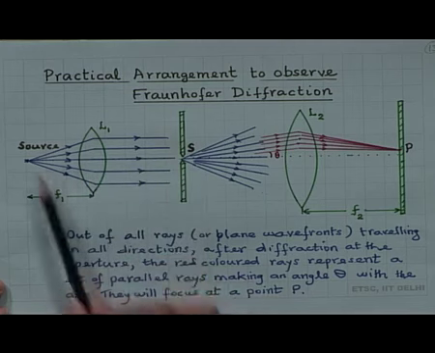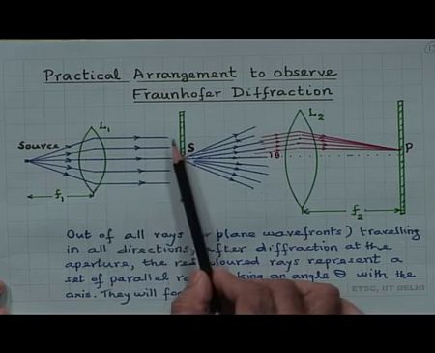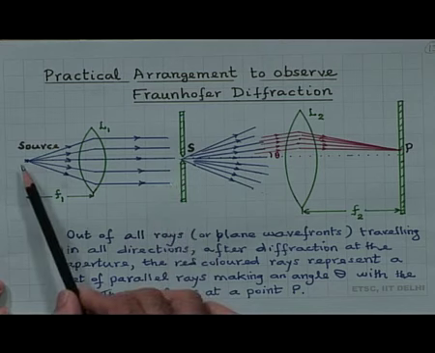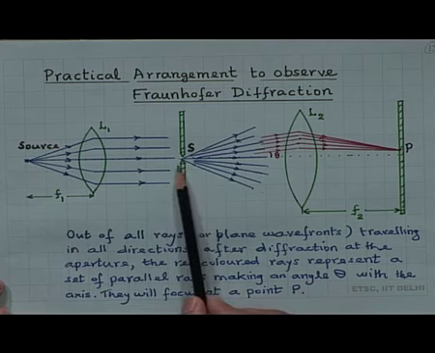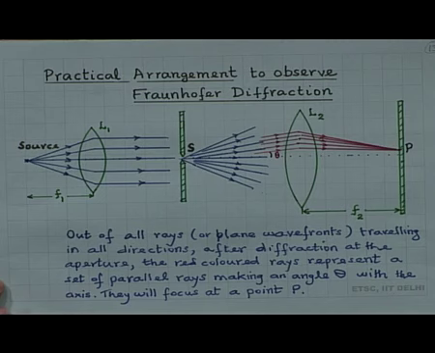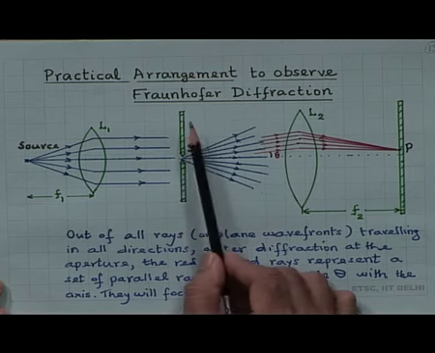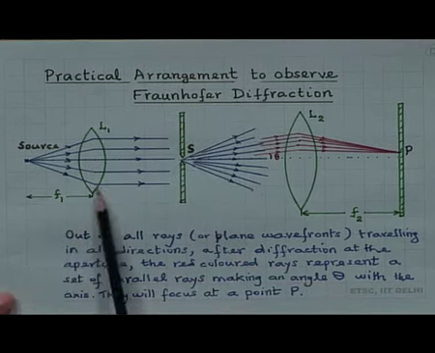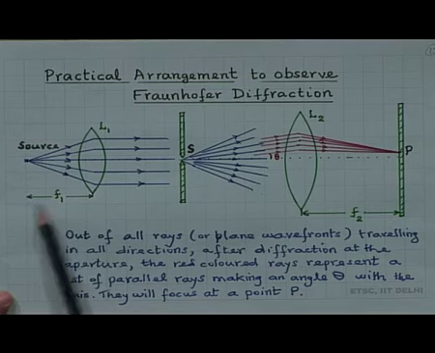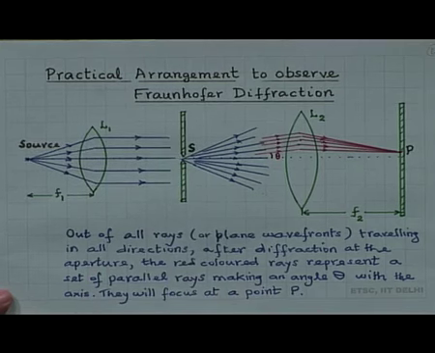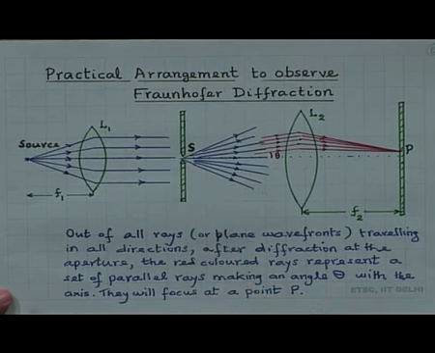So, we have met that condition for Fraunhofer diffraction as far as the distance from the source to the aperture is concerned by simply keeping a lens. The distances need not be very large. So, if the lens has a focal length, let us say 5 centimeter, this may be 5 centimeter, and another 5 centimeter you can keep the slit here or the aperture here.